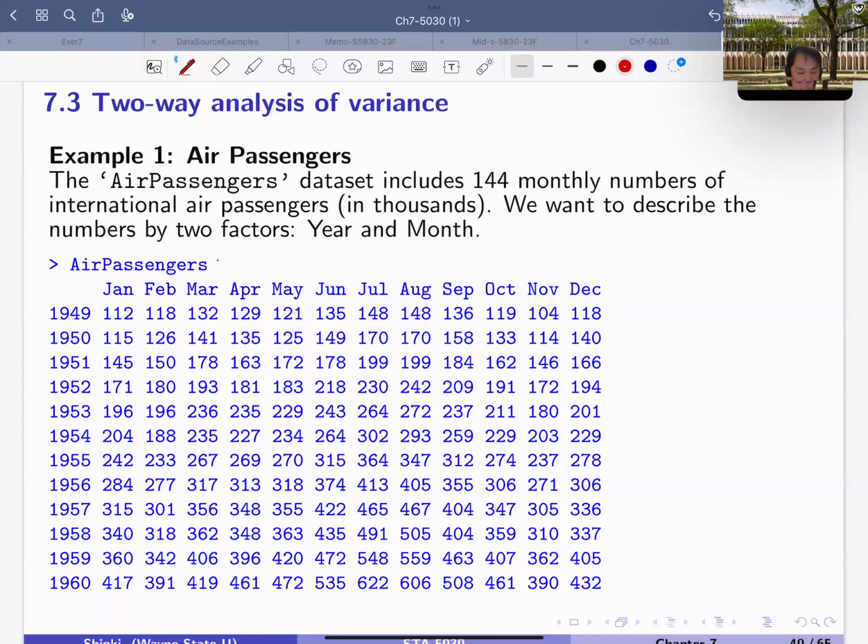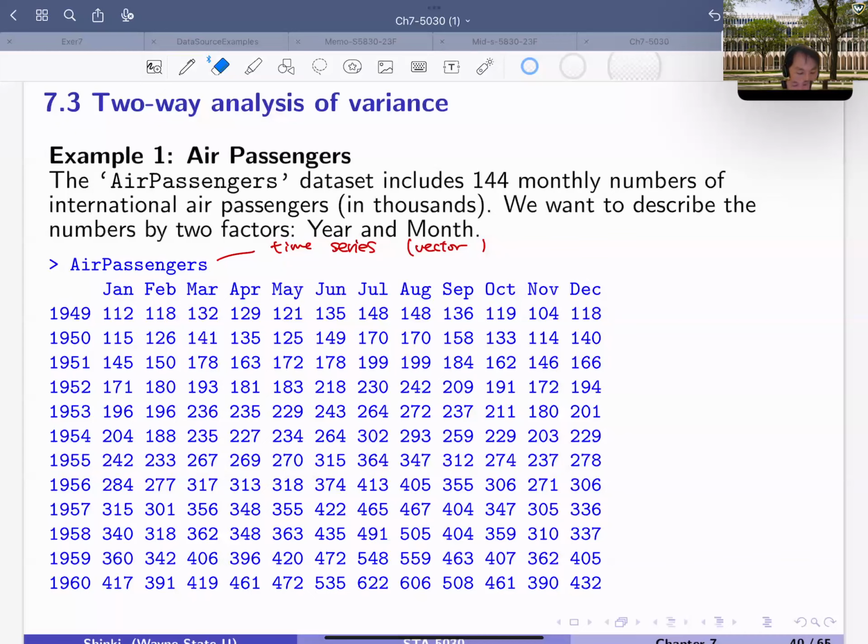This is a time series object. Technically, it is a vector with 144 elements, a vector with a specific feature, but it has information of frequency and the time index.